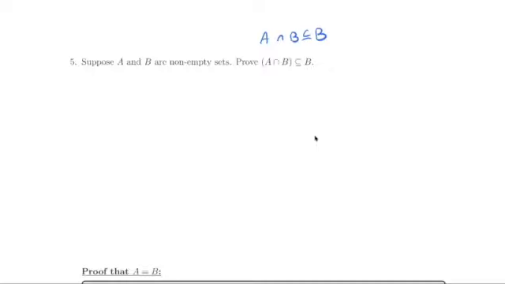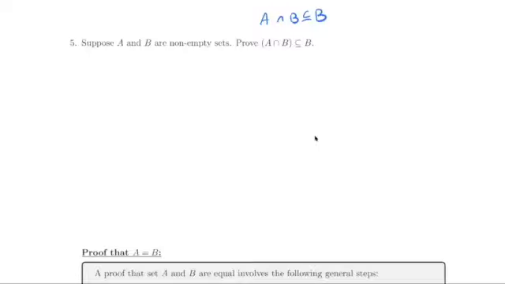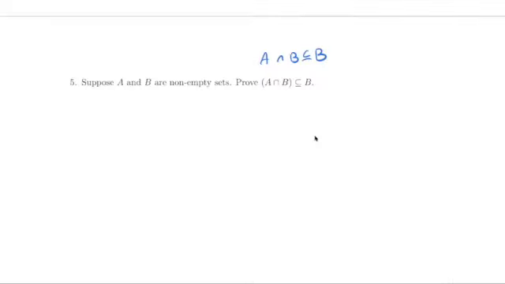I don't think you need them. I think it should be clear what's being stated here, but the part that might be confusing is you might just see something like this. So this makes it really clear that the two sets we're comparing are this intersection and the set B.